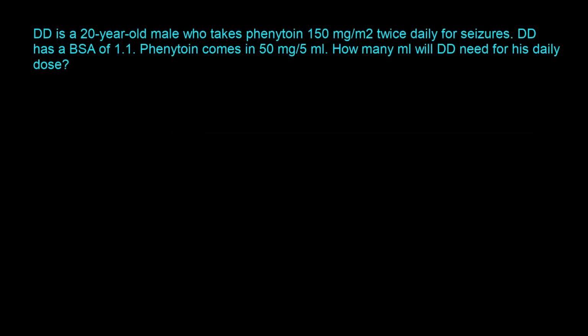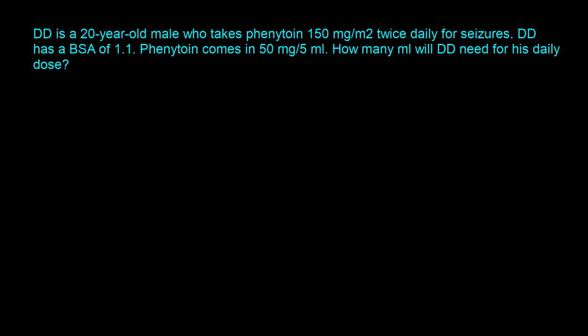Let's take a look at another example. So this question says DD is a 20-year-old male who takes phenytoin 150 milligrams per meter squared twice daily for seizures. DD has a BSA of 1.1 and the units should be meter squared. Phenytoin comes in 50 milligrams per 5 ml.